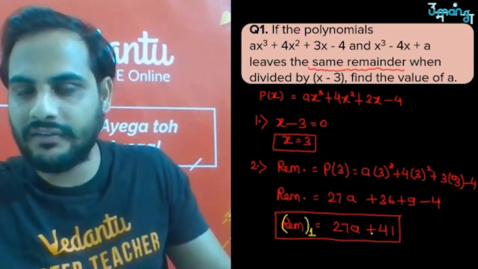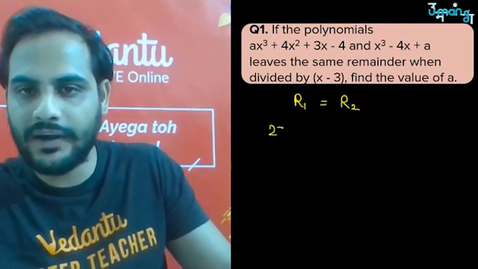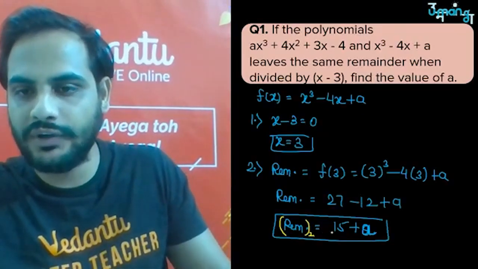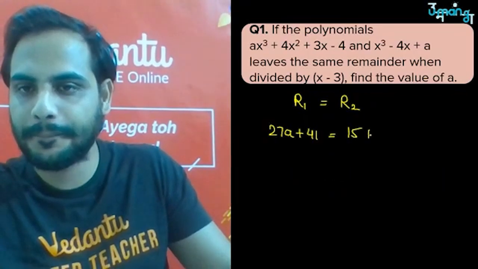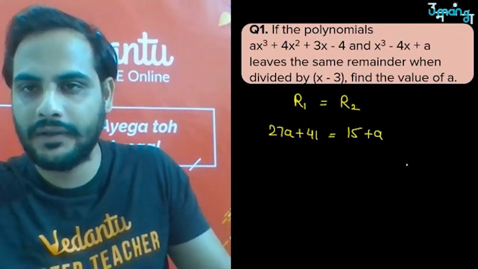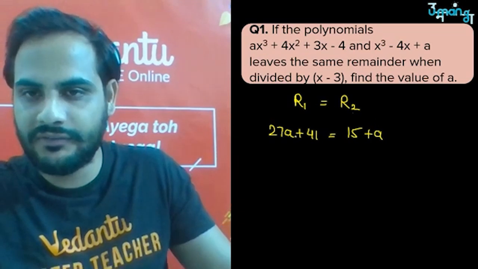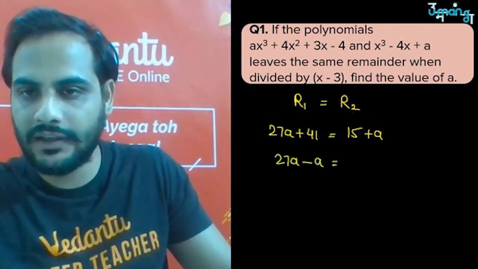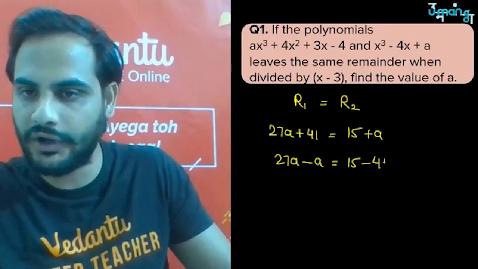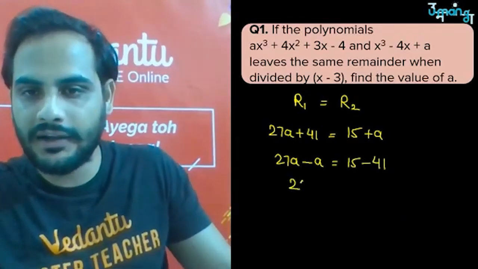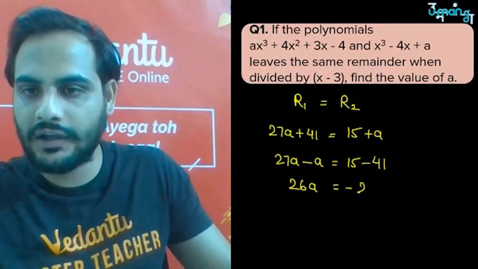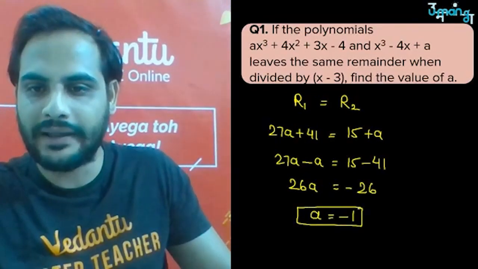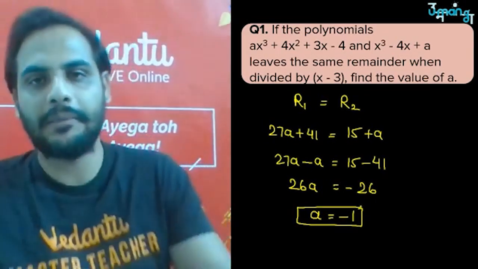Remainder 1 is 27a plus 41, so 27a plus 41 is equal to remainder 2, which is 15 plus a, right? Shift a over there, 41 over here, so 27a minus a is 15 minus 41. So you'll be getting here 26a is equal to minus 26. So a is equal to minus 1.